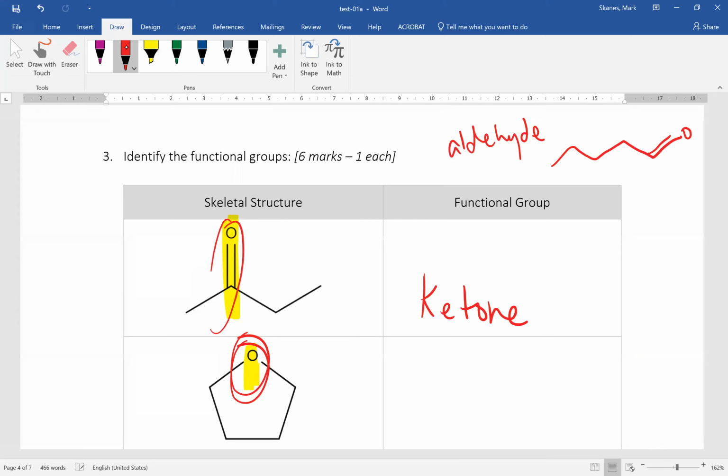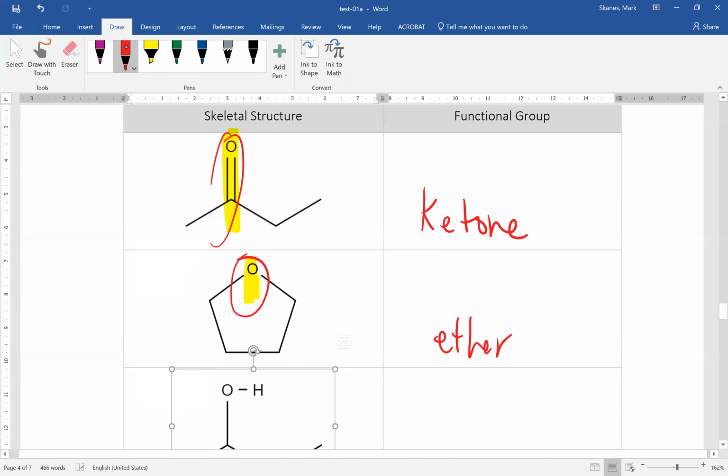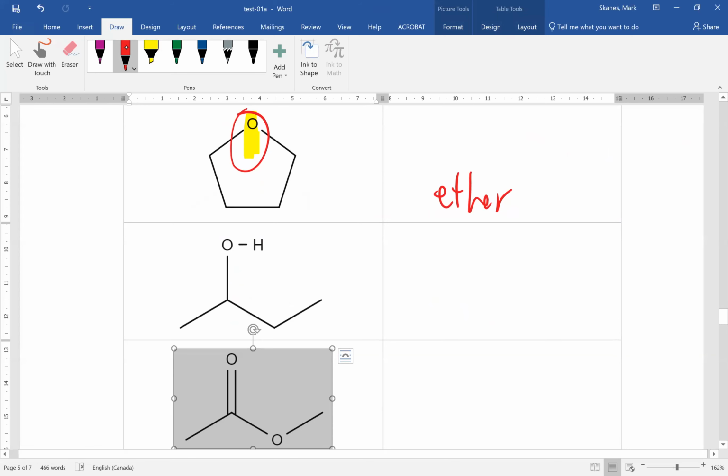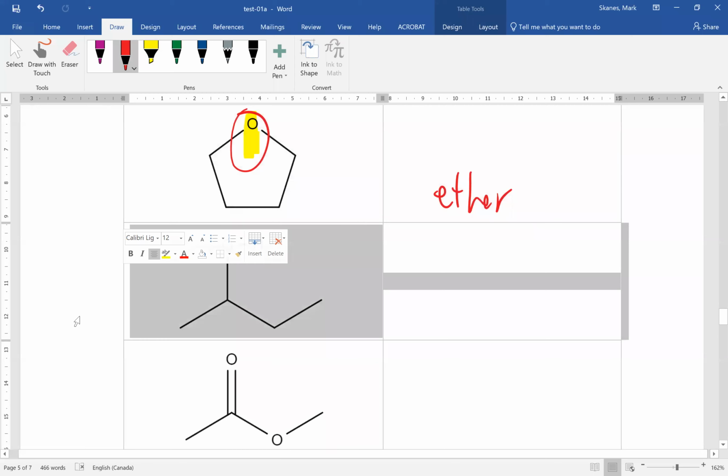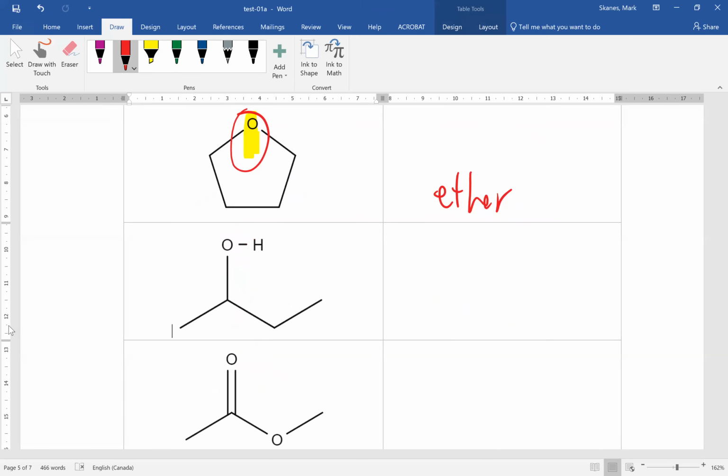Okay, this one here, this is an ether. There's really not much for me to teach here, guys. You're just memorizing or knowing how to look at your functional groups. There we go. This is an alcohol. OH. Now this is an old test, about a year old.